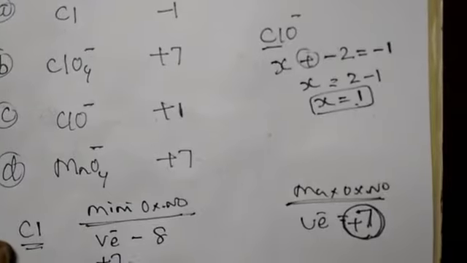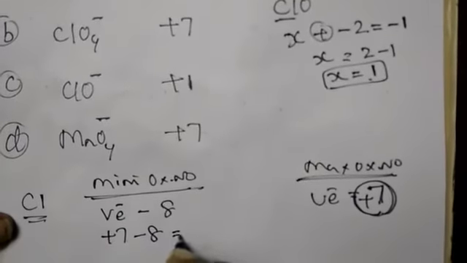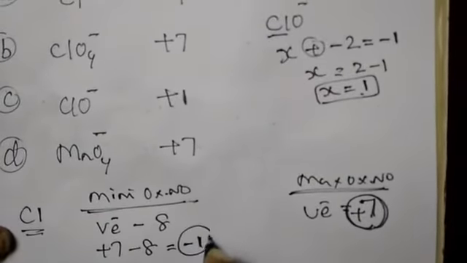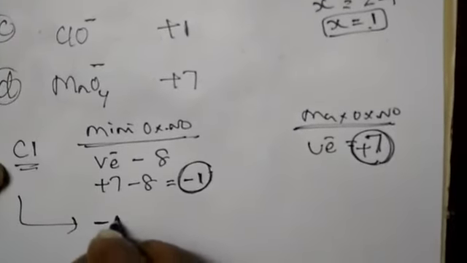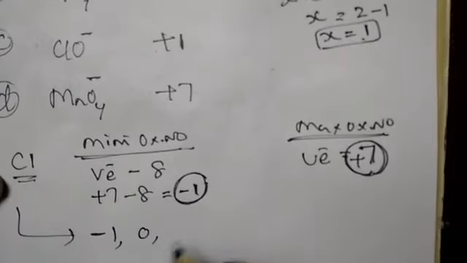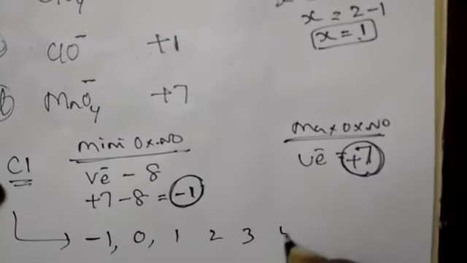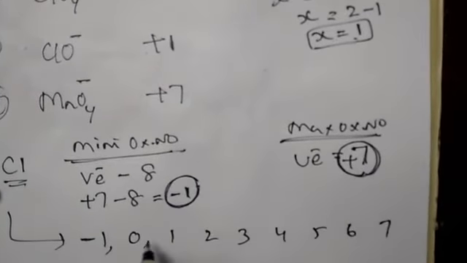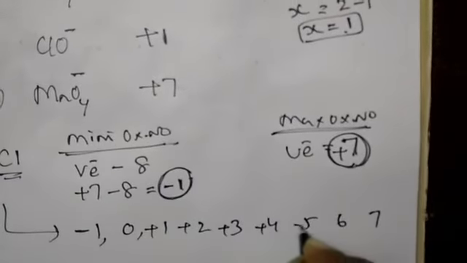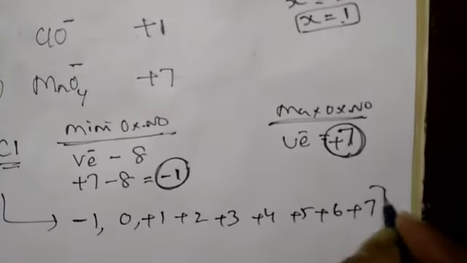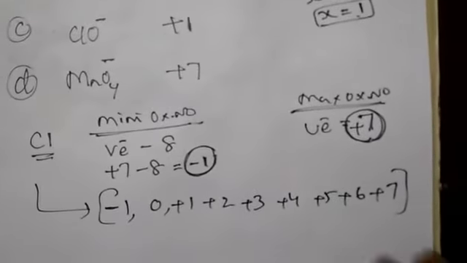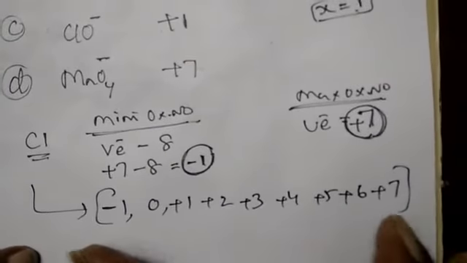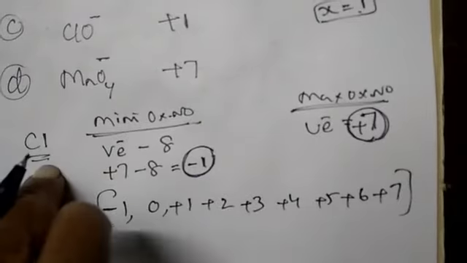So +7 minus 8 gives -1. So the minimum oxidation state is -1. For chlorine, you have -1, 0, 1, 2, 3, 4, 5, 6, 7. From -1 to +7 is the range of the oxidation number of chlorine.